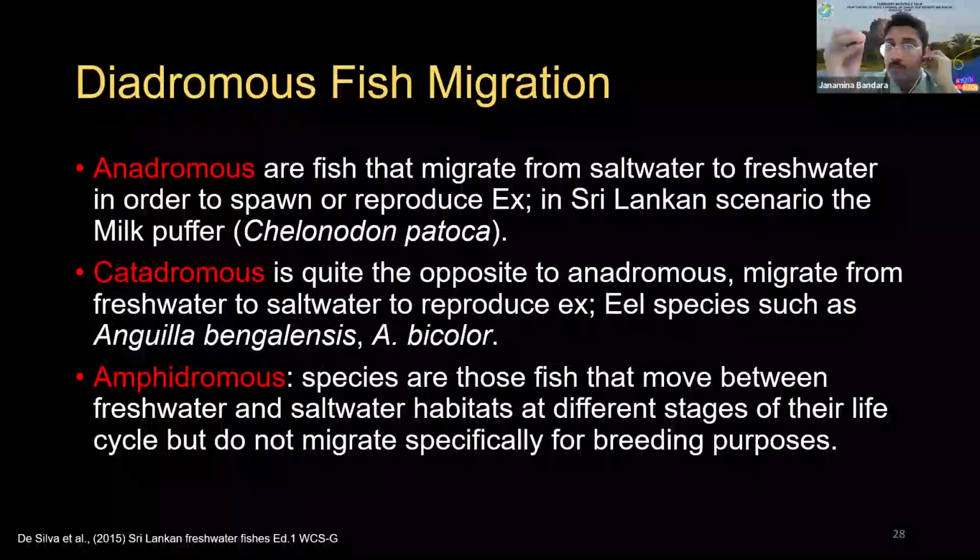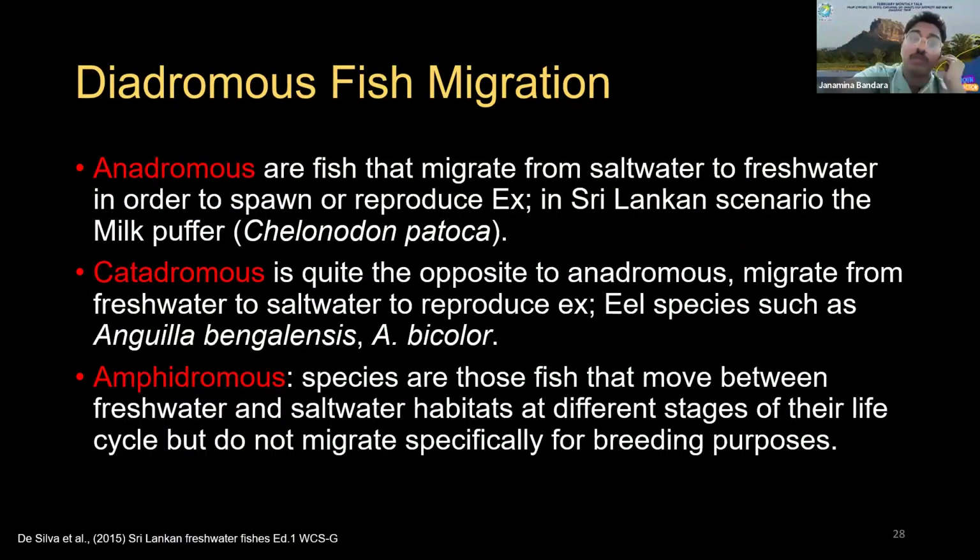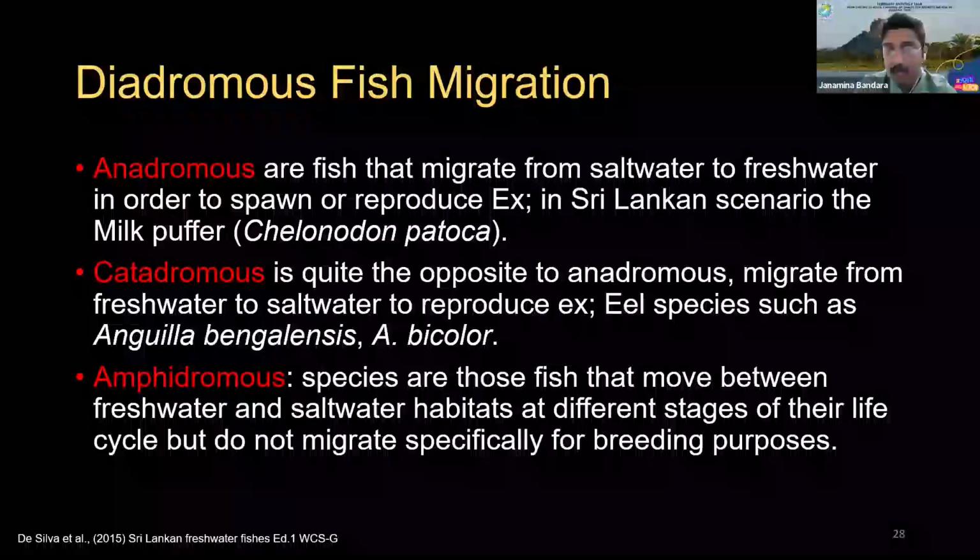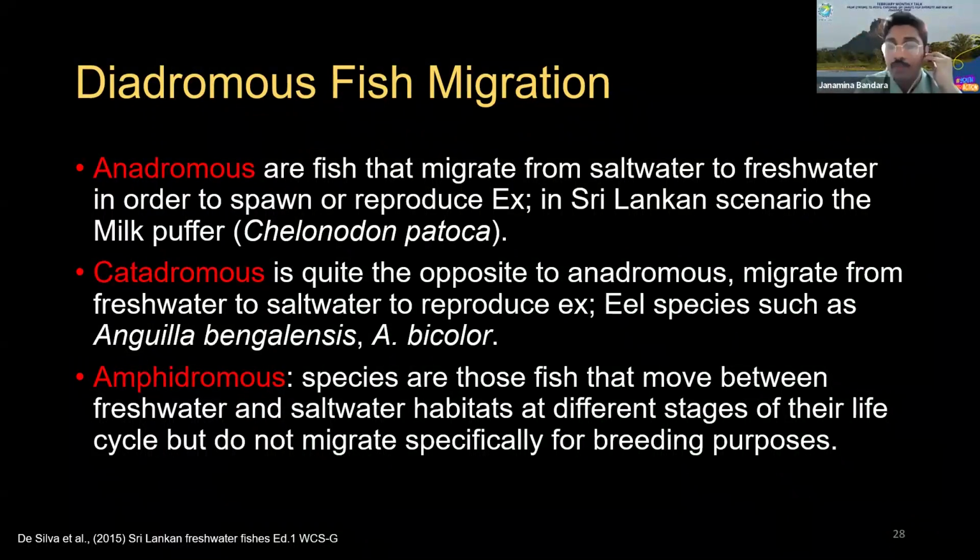Some species are anadromous, migrating from saltwater to the freshwater in order to spawn. In the Sri Lankan scenario, the milk puffer is a certain species, and some really popular species like the true eel species, Anguilla bicolor, Anguilla bengalensis. So these species are catadromous, completely opposite to that, which means they live in the fresh waters, but they have to migrate to the salt water to reproduce.